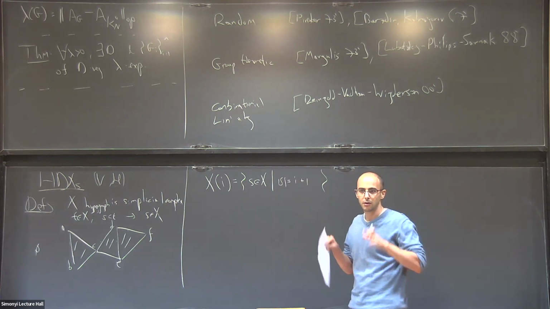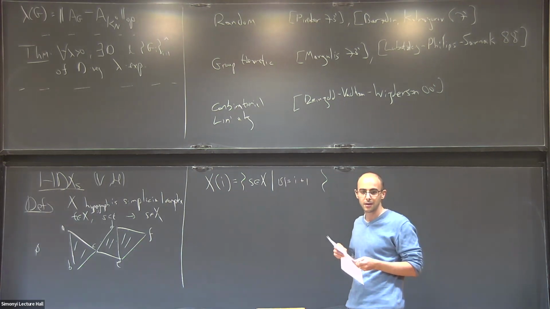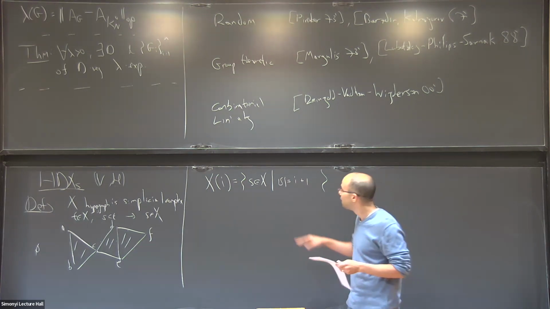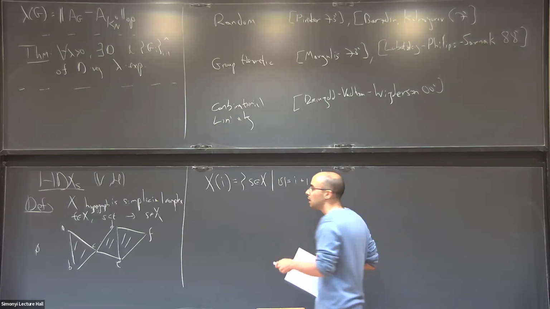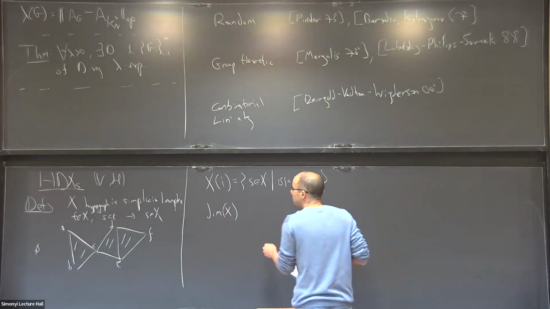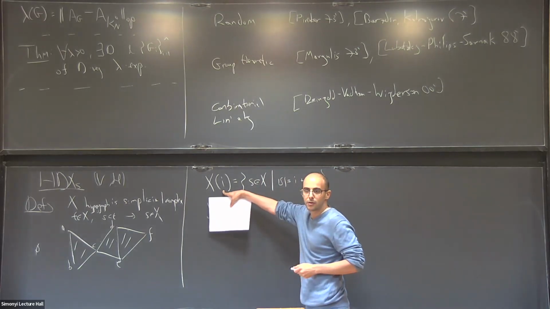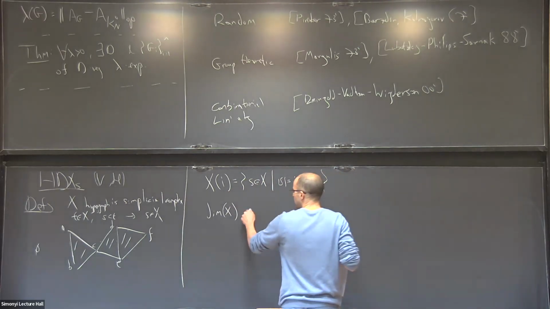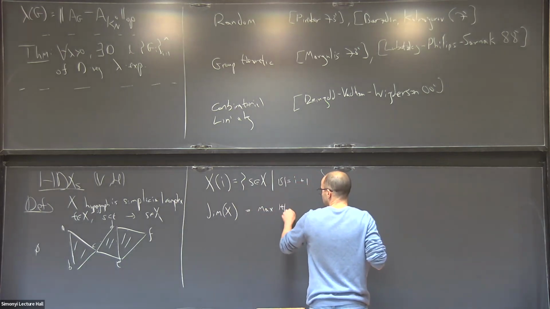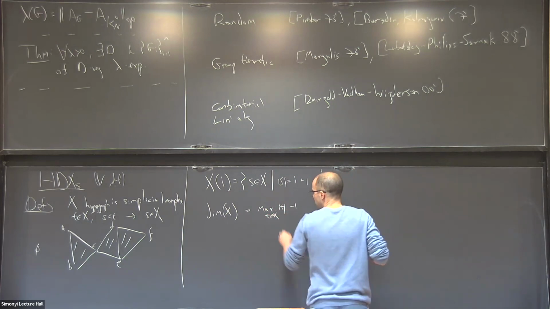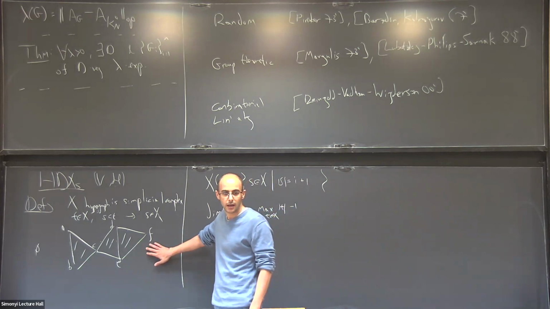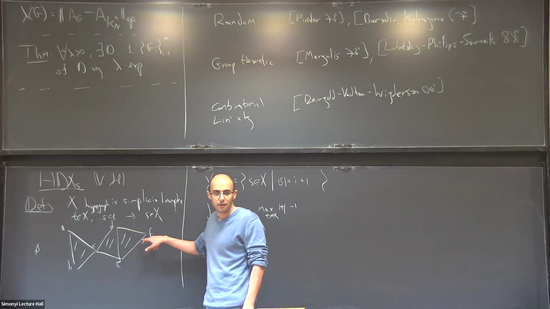If you look at its convex hull as a simplex, a point is a 0-dimensional thing, an edge is a 1-dimensional thing, and we carry this convention with us. And the dimension of a simplicial complex is the largest i I can put here so that X_i is not empty. So maybe I'll write it like this: the maximum set size minus 1. So for example, this is a two-dimensional complex because the largest sets that I have here have size 3.